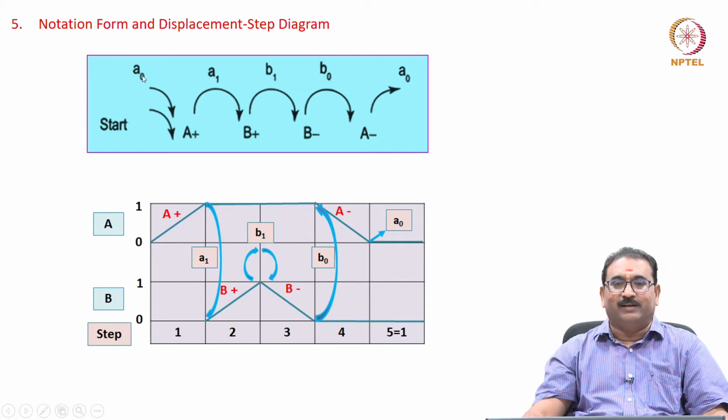Now I am writing here the sensor positions A0, A1, B1, B0, A0. Now we will see A0, when the cylinder is in the null position, which makes the cylinder extend.